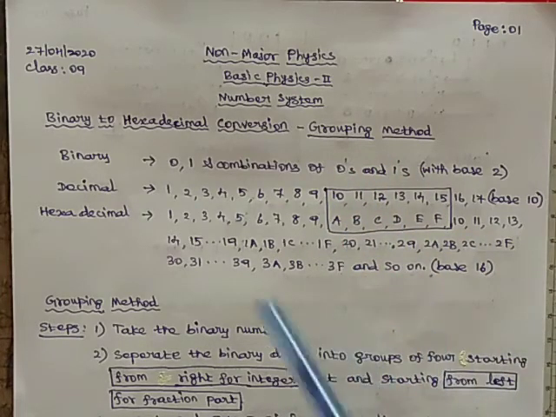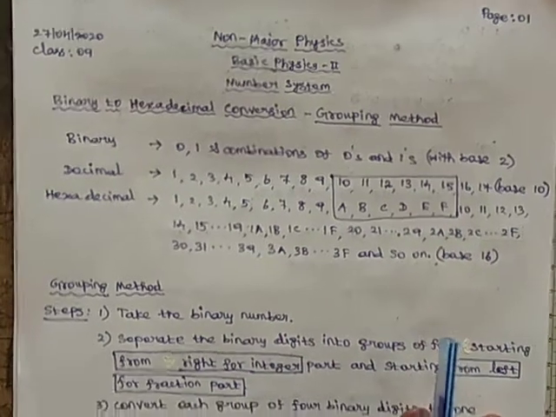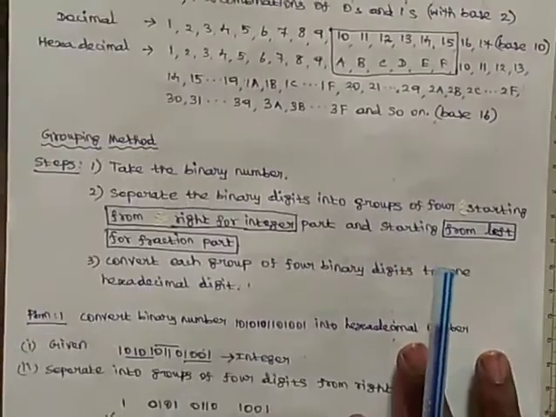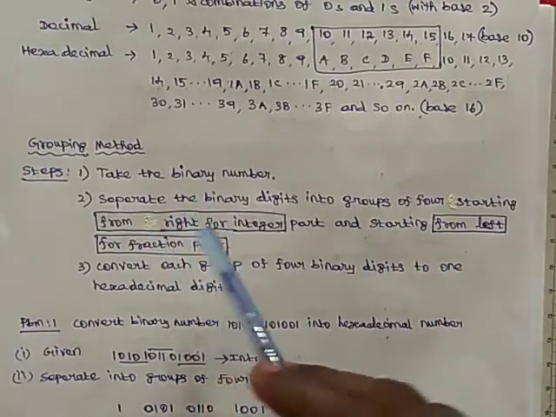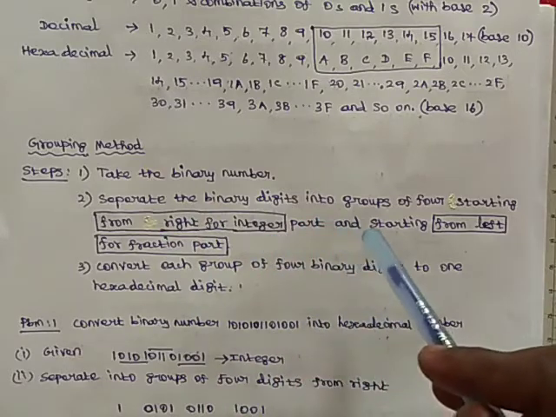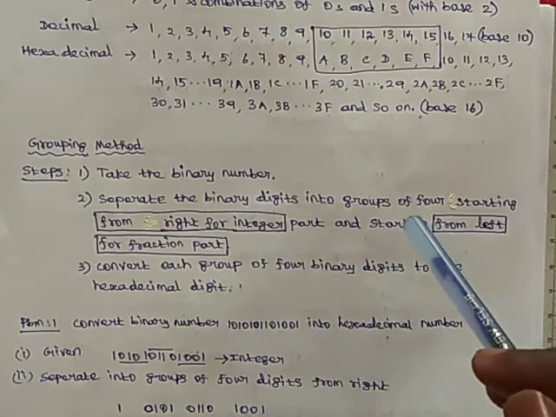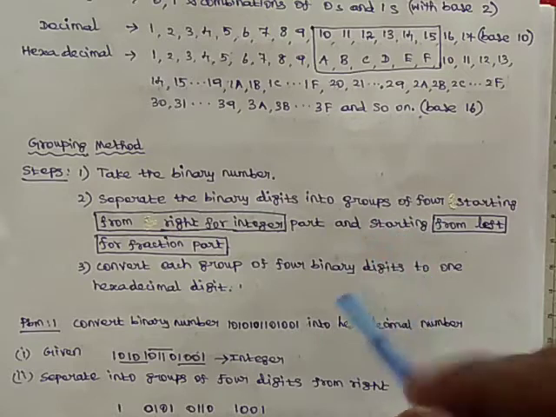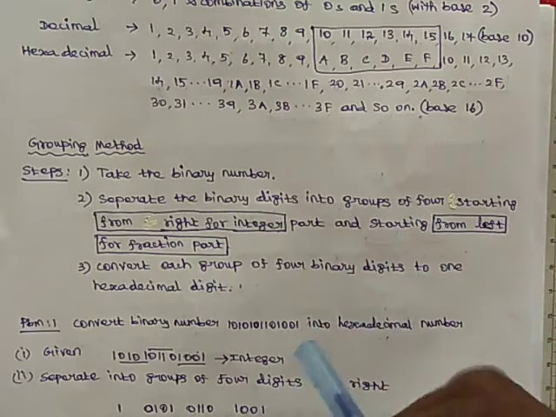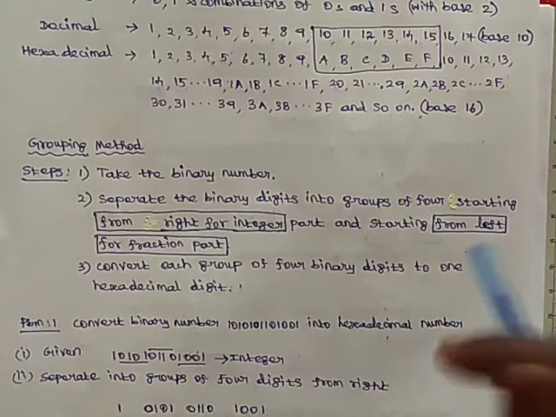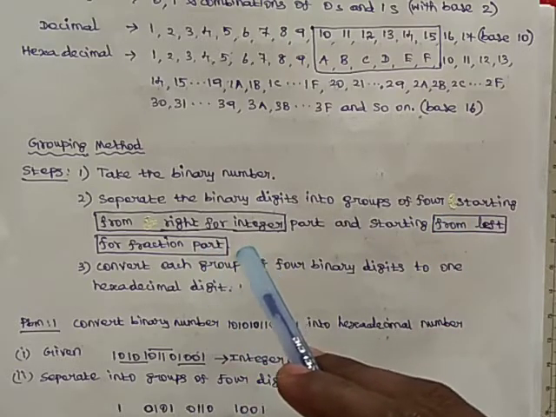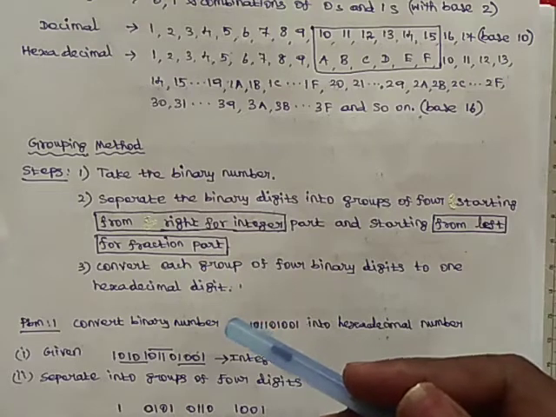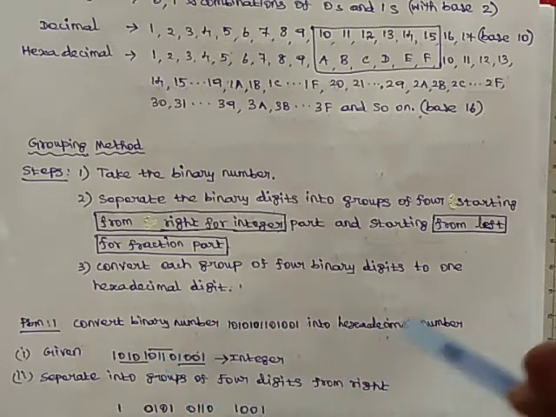First I am going to explain what the grouping method is and its steps. First step, we take the binary number and separate the binary digits into groups of 4 digits, starting from the right for the integer part. The number may contain an integer part, a fractional part, or both.